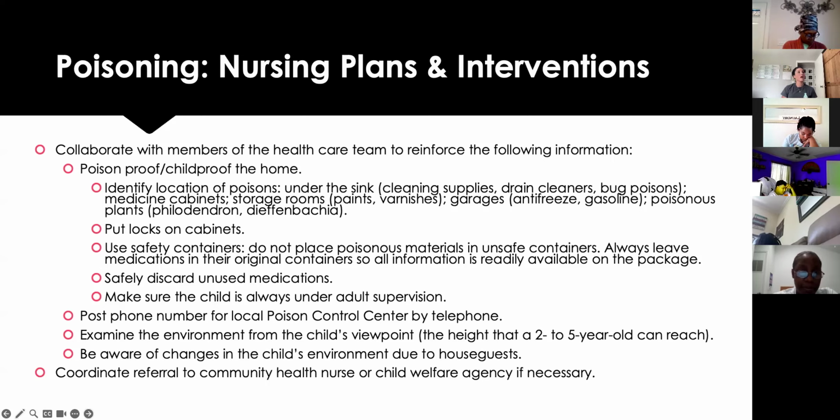Medications are in child-proof containers, out of reach, making sure that we're discarding unused medications properly, and that we're providing the appropriate adult supervision. And then any referrals that are needed.